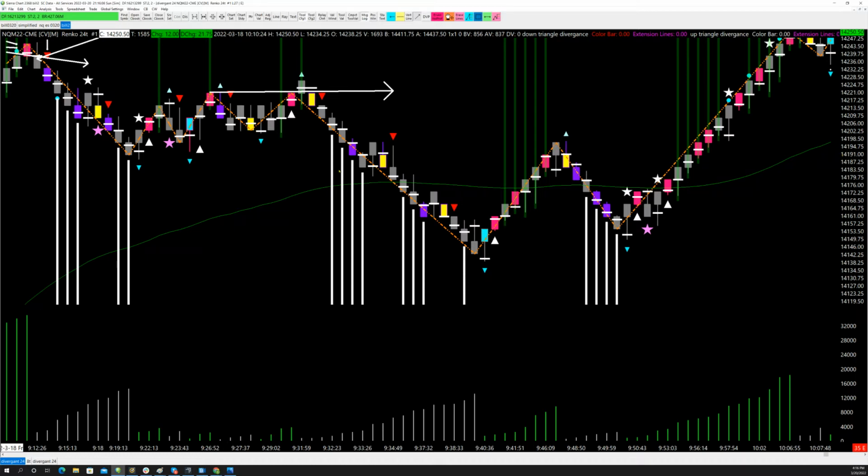On an extension, when I get 3 bars in a row to the downside, one of the patterns that I've seen repeat over and over again is that as I'm coming down through here, I get one of our strongest algos, for example, the speed bar, star, speed bar, star.